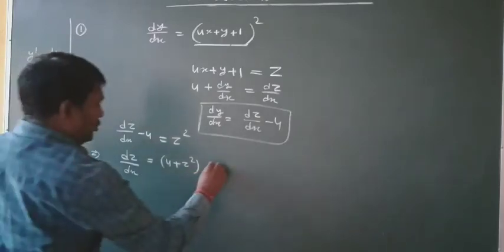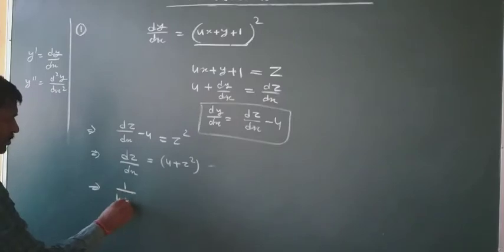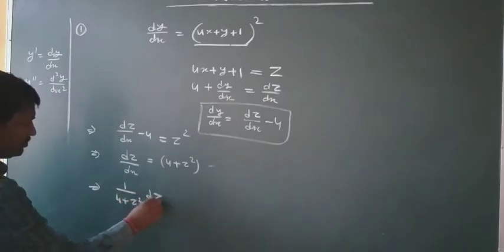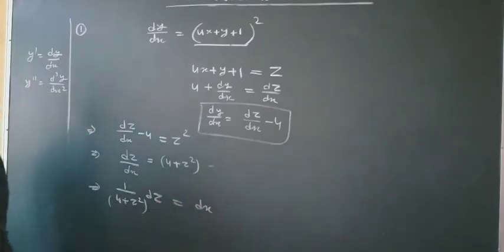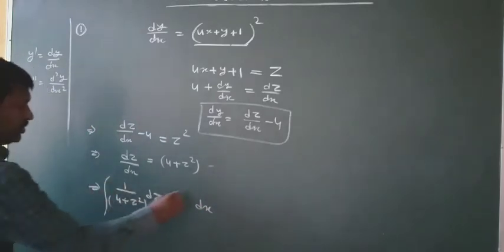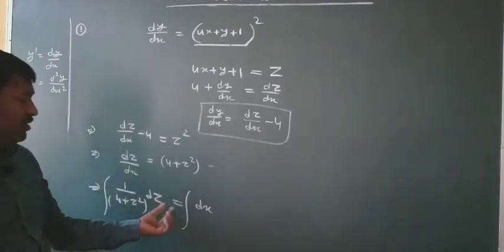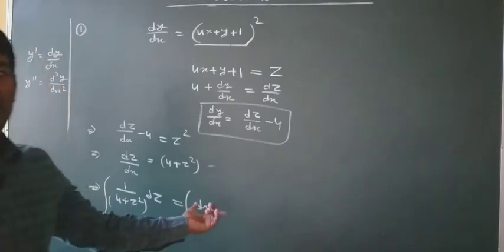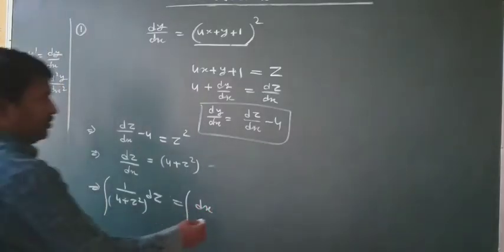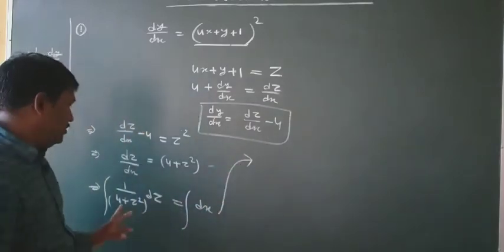So you may write it as 1 upon 4 plus z square dz is equal to dx. Now can you integrate? Yes. Since all z is along with dz and there is no x, some constants may be along with dx. Now integrating it, what do we get?